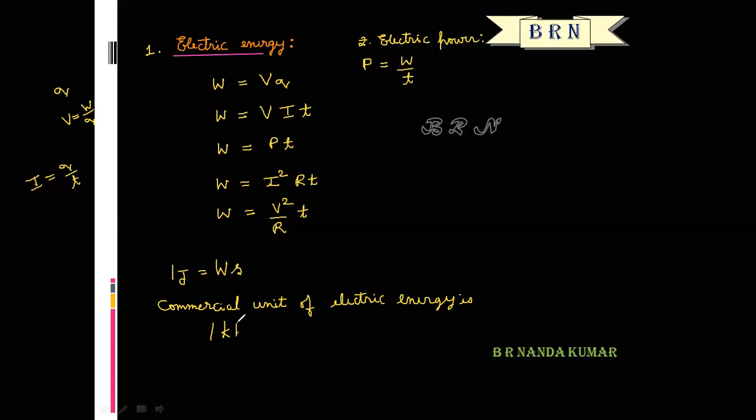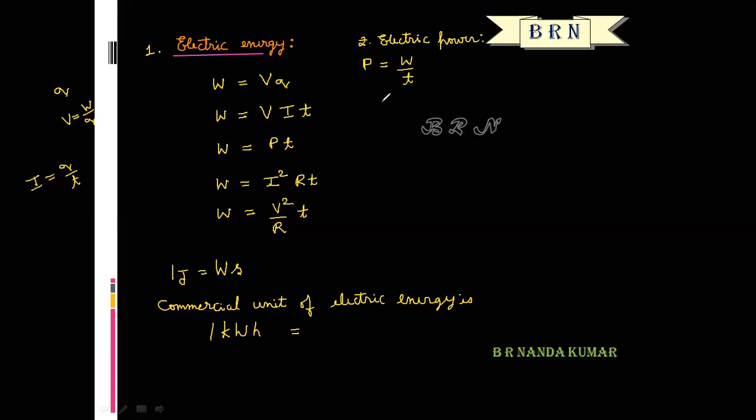So 1 kilowatt hour is 1 unit of electric energy. Kilowatt hour is not the unit of time. Kilowatt hour, like watt second, is a unit of energy.